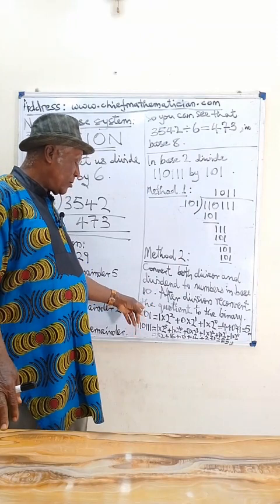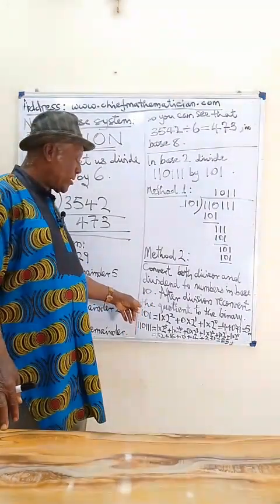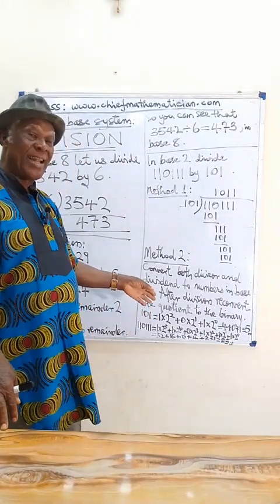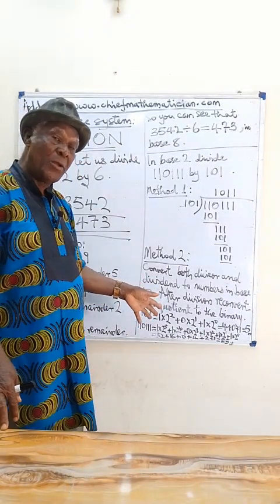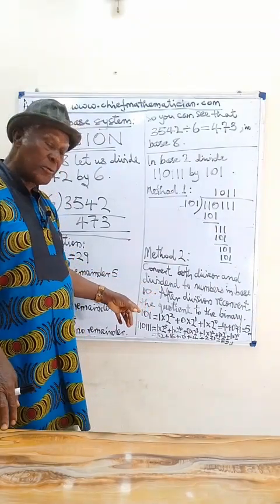This 0 is under 2 to the power 1. This one is under 2 to the power 2. Well, in our next lesson, we shall see place values. You will understand that better. But that is how we do the conversion.